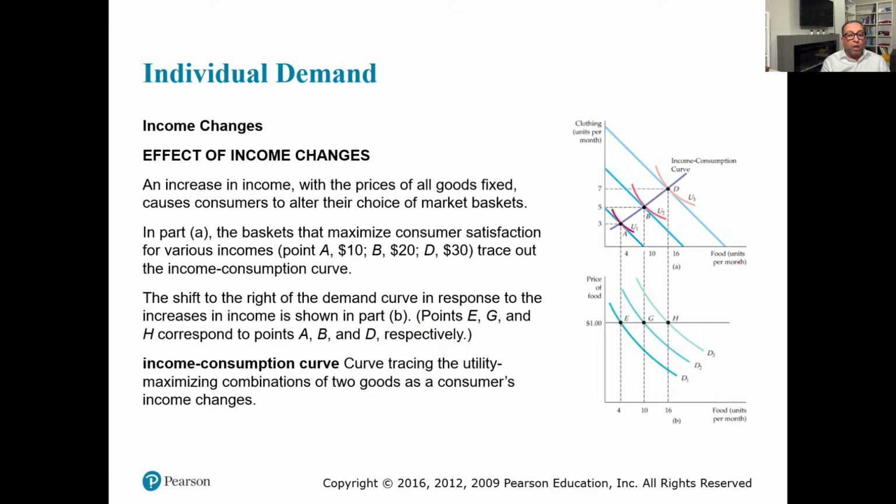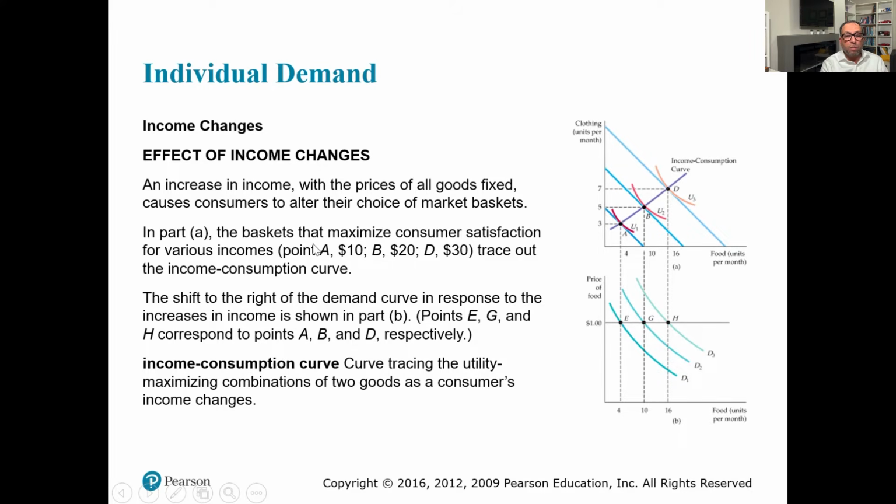Now the second thing we are going to do is see how the individual demand curve changes when the income level changes. In this graph on the right side corner, we see an increase in income with the price of all goods fixed. So price is not changing, only income is changing, which alters the choice of market baskets.